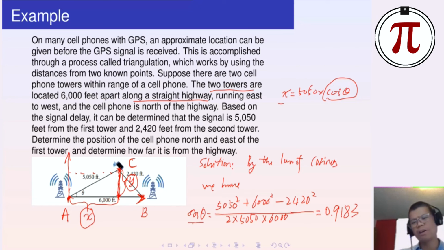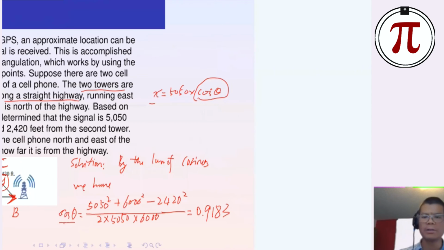Now, the y value can be found in multiple ways. Firstly, using the Pythagorean identity, you can easily find y. 50 is the hypotenuse, and this x value is already found.